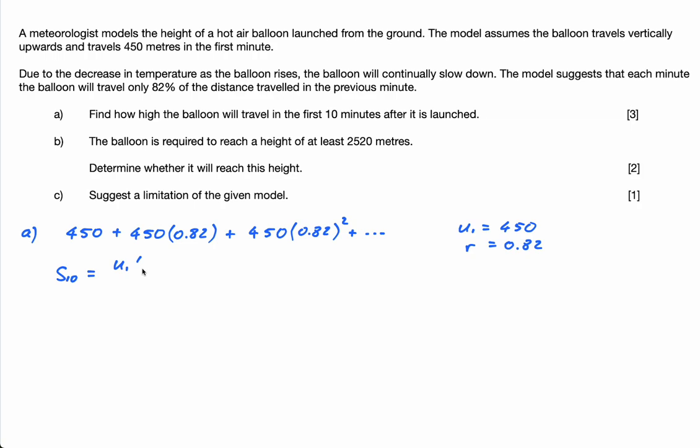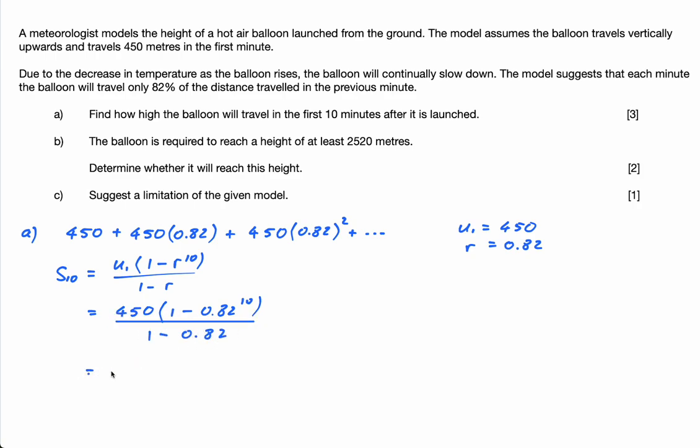It's U1 times 1 minus r to the 10 over 1 minus r. That is the sum of a geometric sequence. And I have U1, it's 450. I have r, it's 0.82 to the 10. And I have 1 minus 0.82.